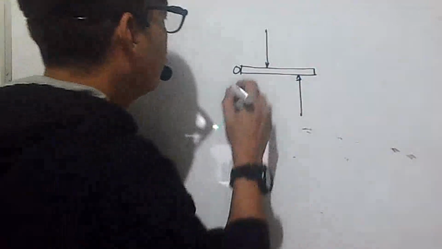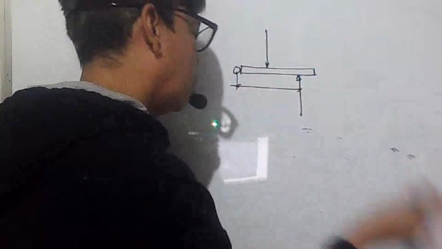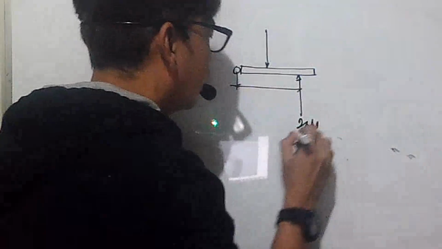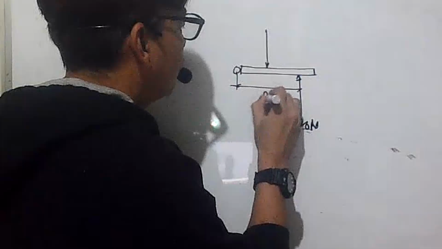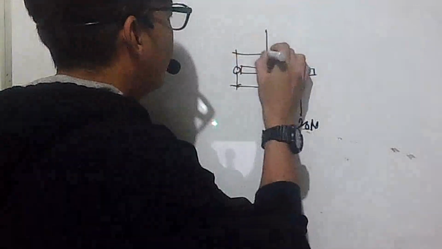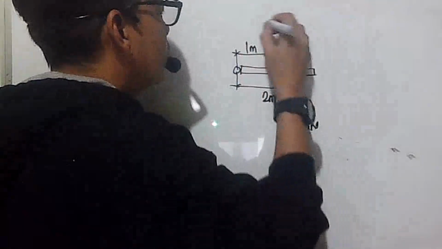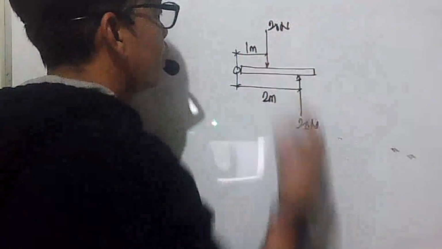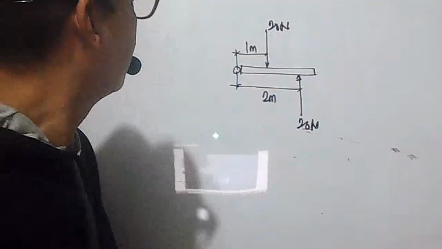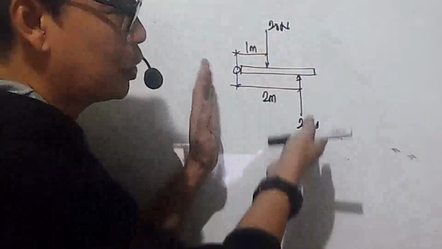The person outside has a force of 20 newtons and a distance of 2 meters from the axis of rotation, while the other has a distance of 1 meter from the door and also pushes with a force of 20 newtons. Obviously the door will go inward, if this one is pushing inward.